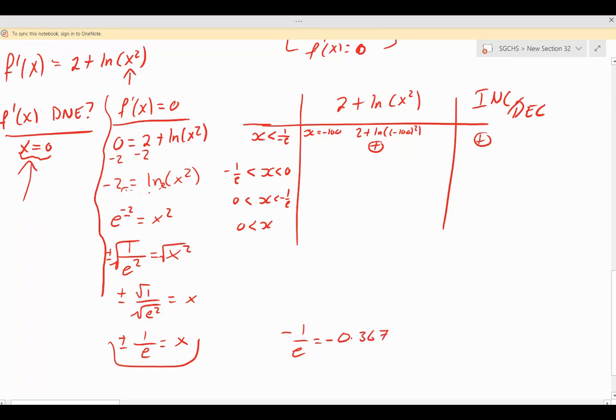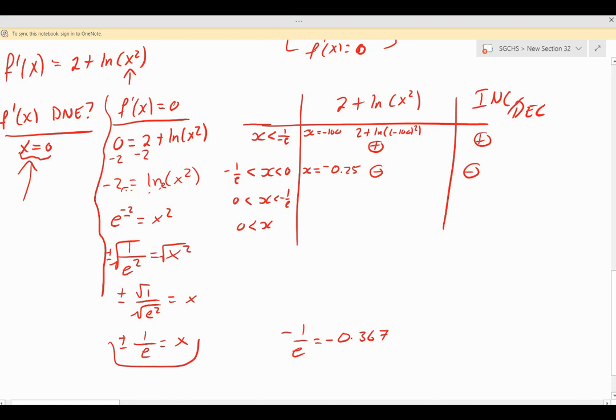So let's plug in something a little bit smaller. Well, I guess technically bigger than that. So let's do something like -0.25. You could plug this into your calculator, and you are going to get a negative value. So this is a decreasing interval.